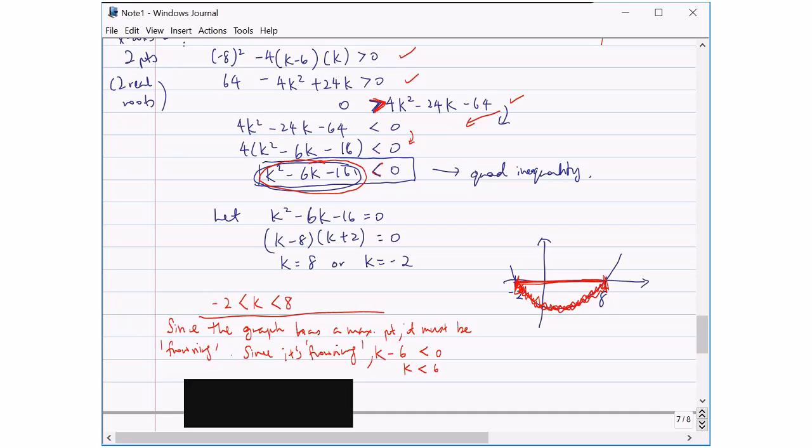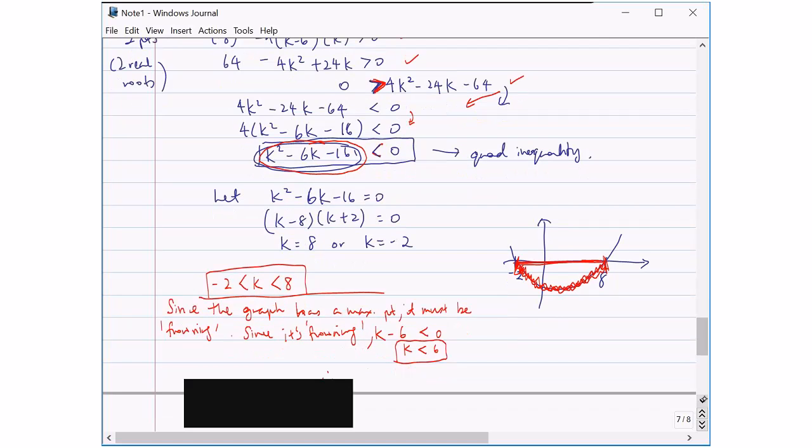So we have this extra condition: k must be less than 6. So the final answer is k must be between -2 and 6. It cannot go all the way to 8, because k must be less than 6.